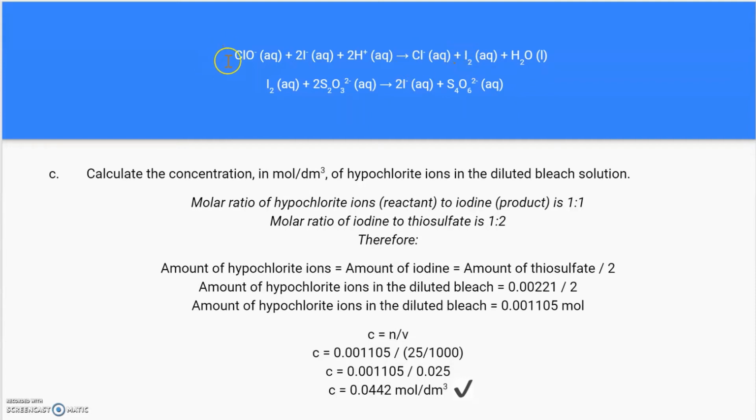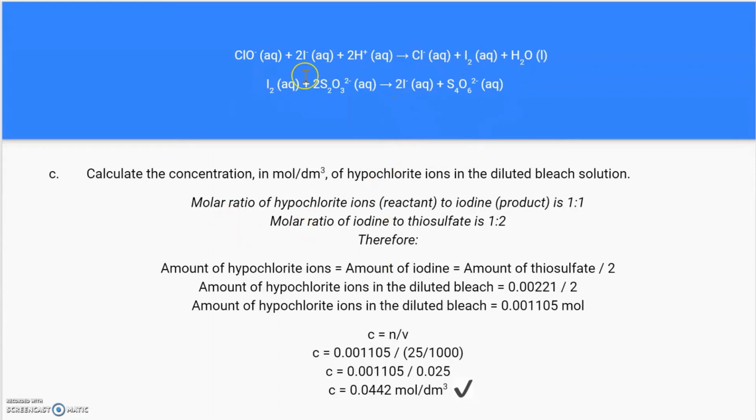They are both 1. 1 mole of hypochlorite ions is reacting to produce 1 mole of iodine. So that would be our first molar relationship, which is the 1-to-1 relationship between those hypochlorite ions, which are the ones that we need to obtain the concentration of, and that iodine.